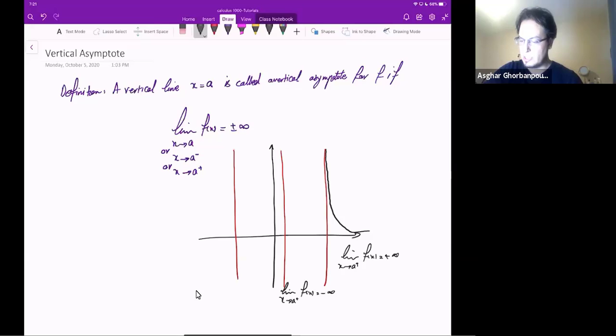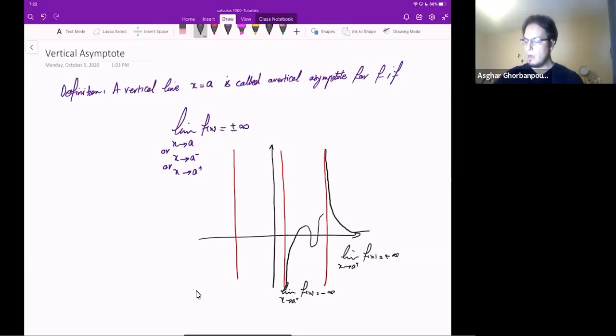The function can have very crazy behavior before this, but after a point, it will get closer and closer to this line. So basically, when we get closer to these lines from one side, the function's graph goes either up to infinity, growing as large as it can, or negatively grows down as far as it can.